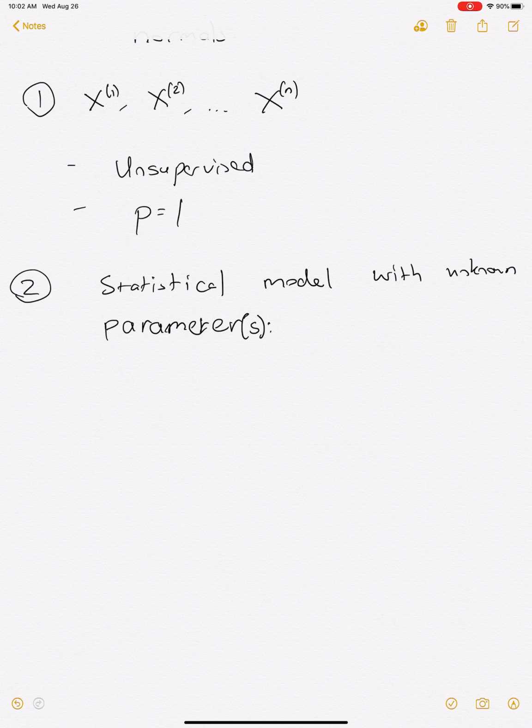And so because we have a normal random variable, we're just going to say these xi's are normal with mean mu and variance sigma squared.